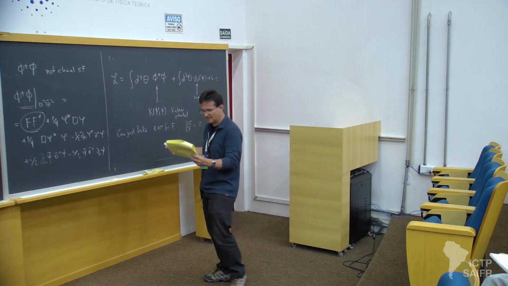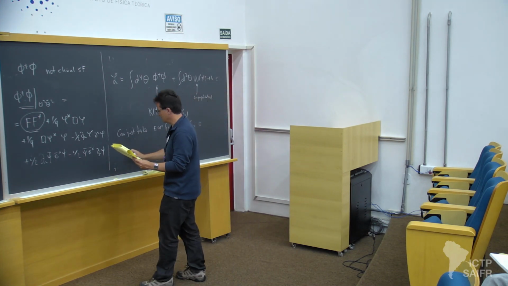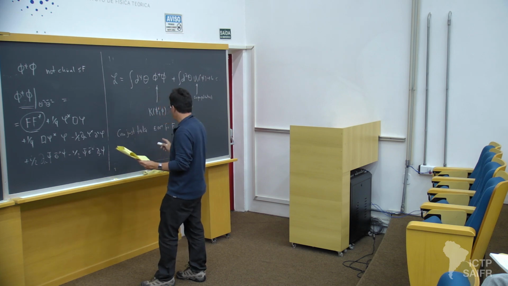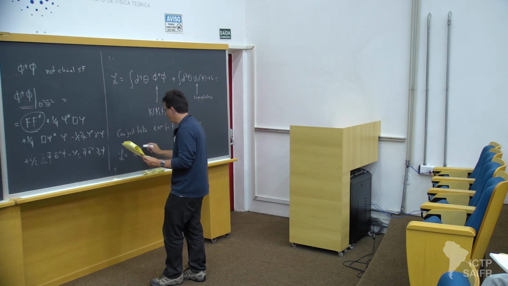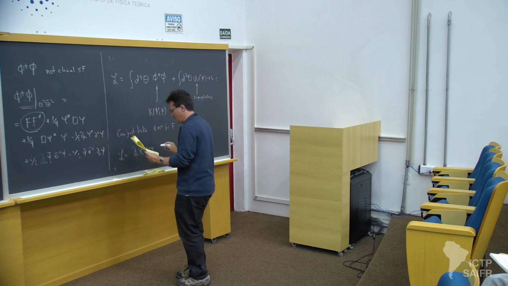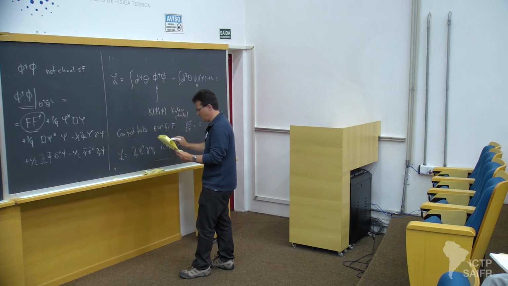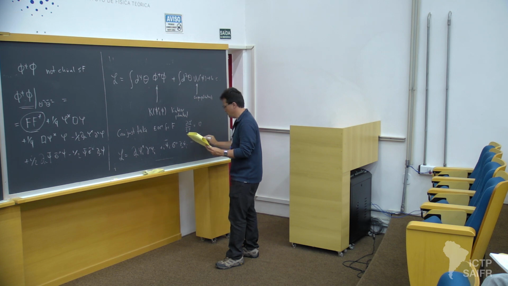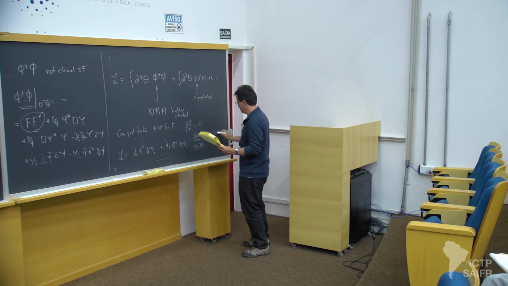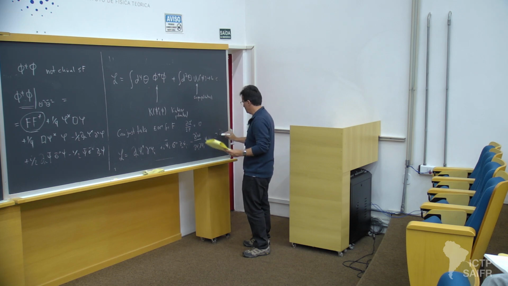And what you're going to get is a very simple theory. If I integrate out F, then the Lagrangian that I get is just d mu phi I star d mu phi I, plus i psi I bar sigma bar mu d mu psi I, minus d2W by d phi I d phi J psi I psi J, minus the sum over I of dW by d phi I, absolute value squared.